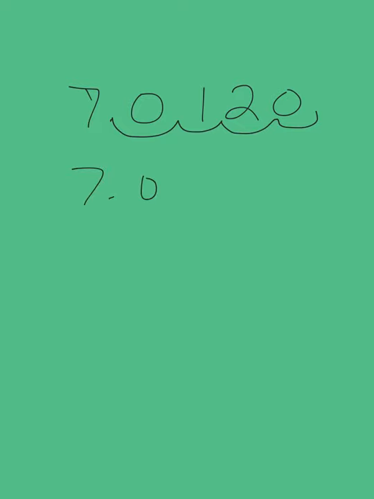Now that we've done that, 1, 2, 3, 4, we've moved it over 4 decimal places, which means that when we multiply by a power of 10, it's 10 to the power of 4, because we moved it over 4 decimal places.